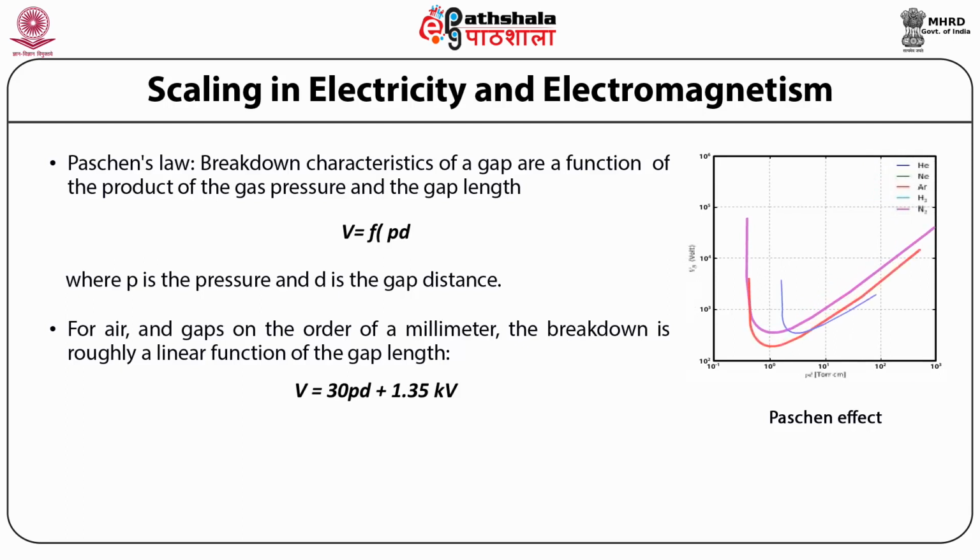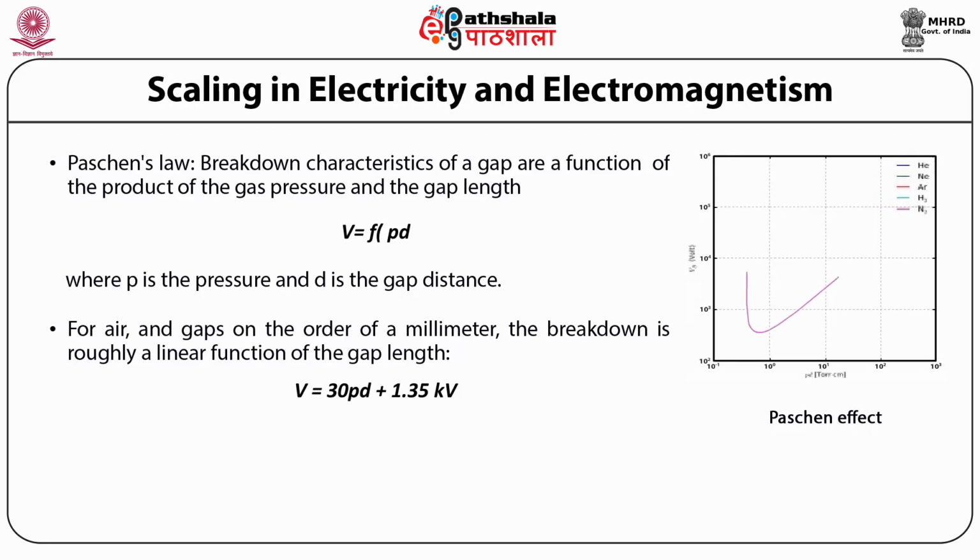Though this empirical relation is quite valid in the linear region, the complete understanding of the mechanism of breakdown is still lacking. There has been extensive research to provide a theoretical basis for this law.